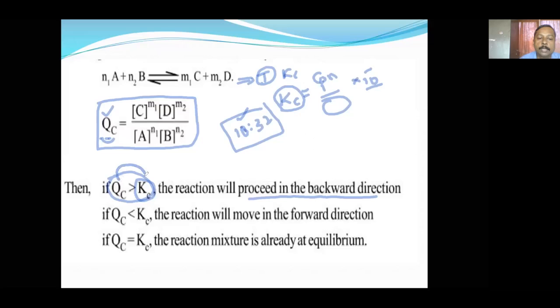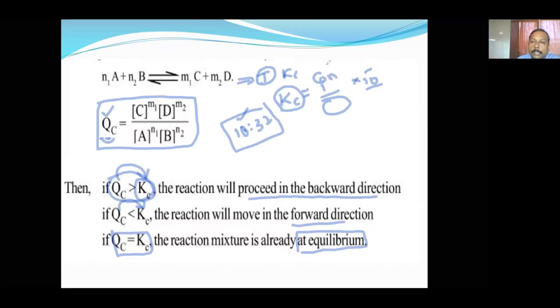So to get stabilized, it has to attain Kc, that is, Kc will be attained in the backward direction. If Qc is less than Kc, that means it is yet to reach Kc, then it will move in the forward direction. If Qc is equal to Kc, that means it need not worry. It will take rest. It will not move in any direction.